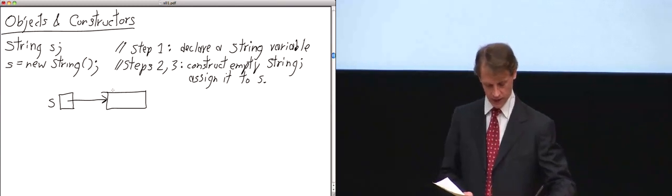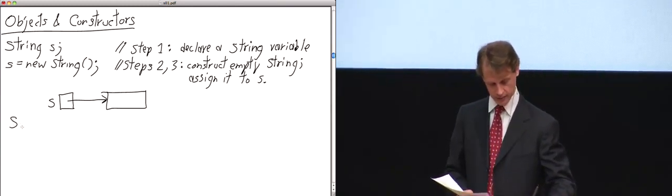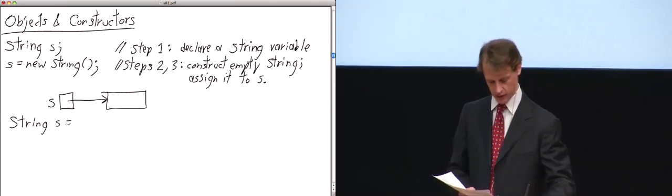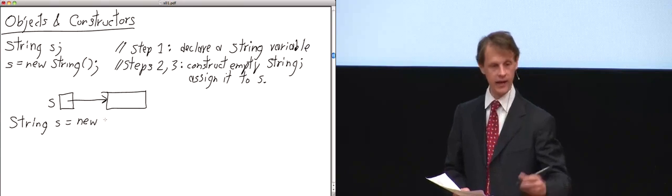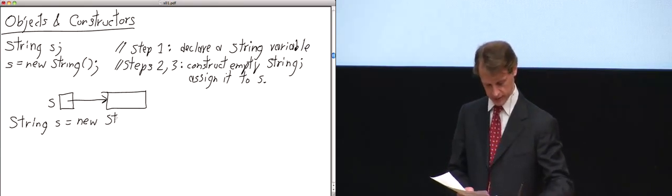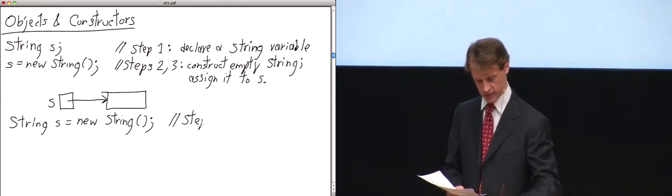And I want to point out also that I have the option to combine those two lines into a single line of code. So I could have done all of this with just this one line, as one student asked a little while ago. So this essentially is just steps 1, 2, and 3 combined.